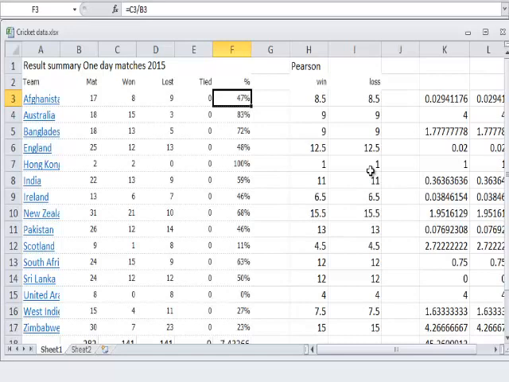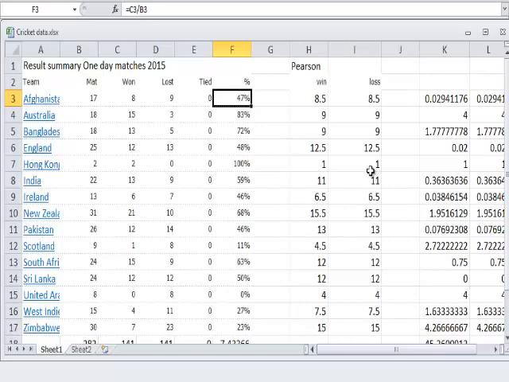Now we are coming back to the Bayesian theory. Suppose I want to estimate the P for Afghanistan. That's 47%, because basically what we are saying is that the observed proportion of wins, which is 8 over 17, should match the true probability, which is not necessarily 47%.